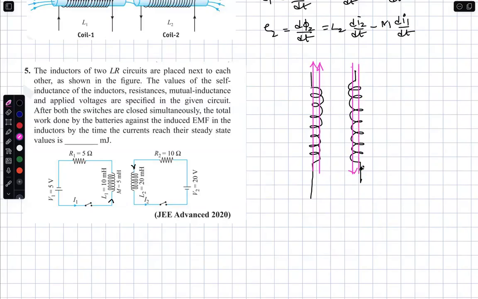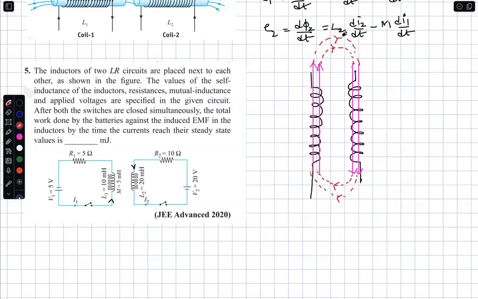Hold on here. Now here what is happening is the flux lines are going like this. And the flux lines are passing like this.